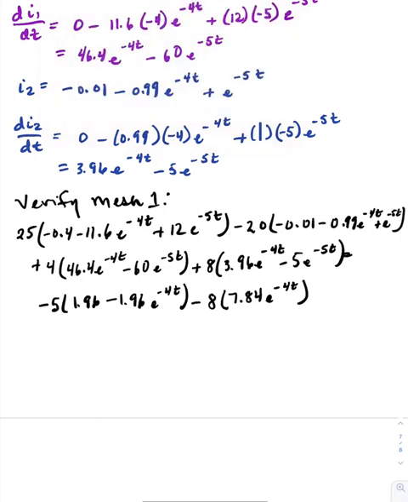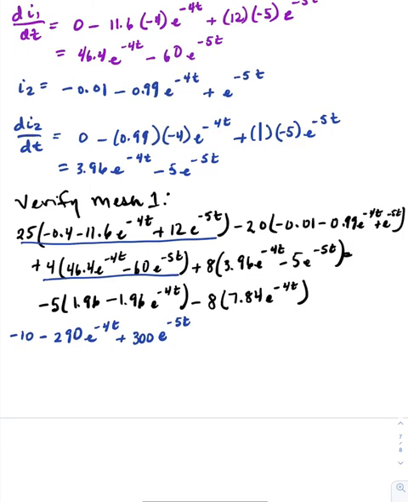So 25 times 0.4 is minus 10 minus 290 e to the minus 4t plus 300 e to the minus 5t. And then I'm going to do this one, and now I'm going to do this one.